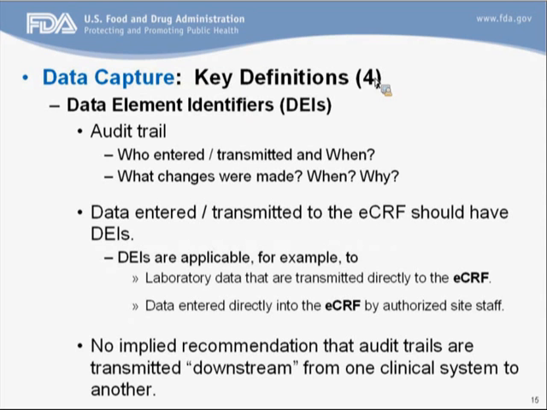There are audit trails in systems today that go way beyond this functionality. So, for instance, data entered or transmitted to an eCRF should have data element identifiers. This would be applicable to, for instance, laboratory data that are transmitted directly to the eCRF, and data that were entered directly into the eCRF by authorized site staff.